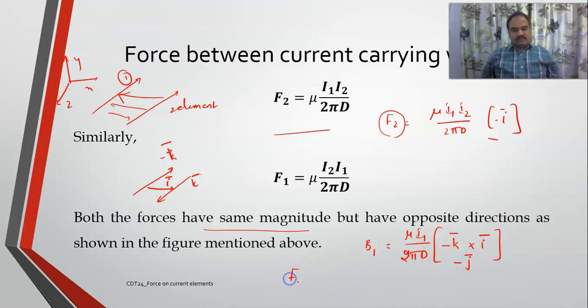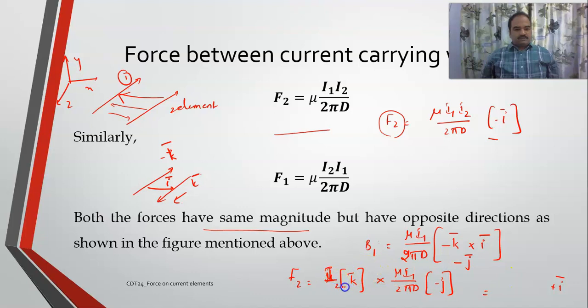So what is F2 now? I am considering per unit length. I'm considering the reverse direction now, so I'll take it as K bar cross mu I1 by 2 pi d minus j bar. K bar cross j bar is minus I, so I'll be getting plus I bar.